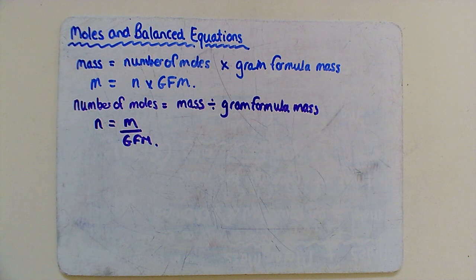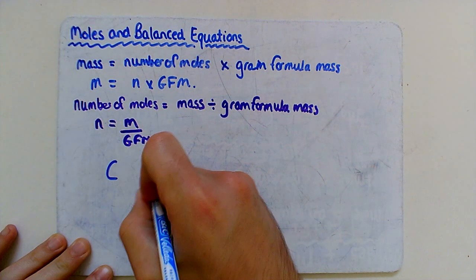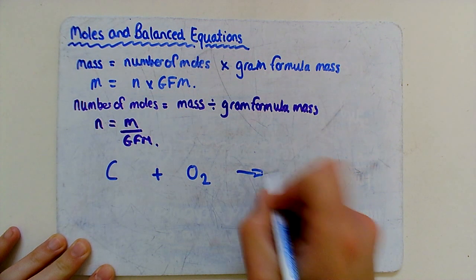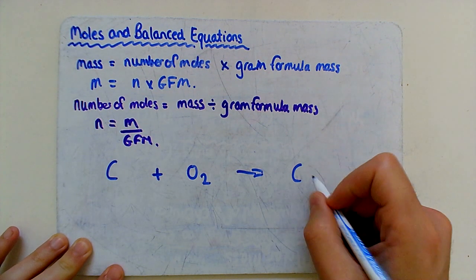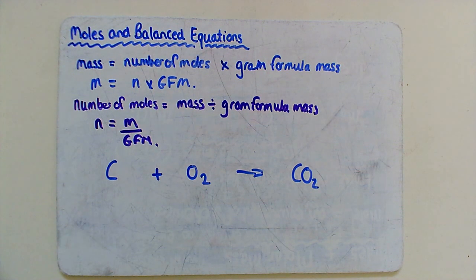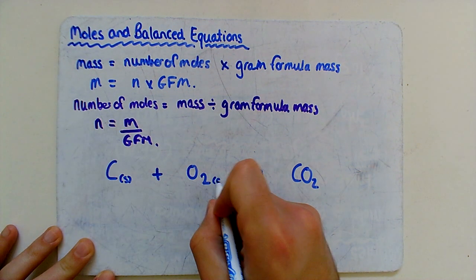So I'm going to start with one chemical equation. We're going to start with carbon reacting with oxygen, and that produces carbon dioxide. Now this equation is balanced. We have one carbon on each side and we have two oxygens on each side. I'm going to put on my state symbols.